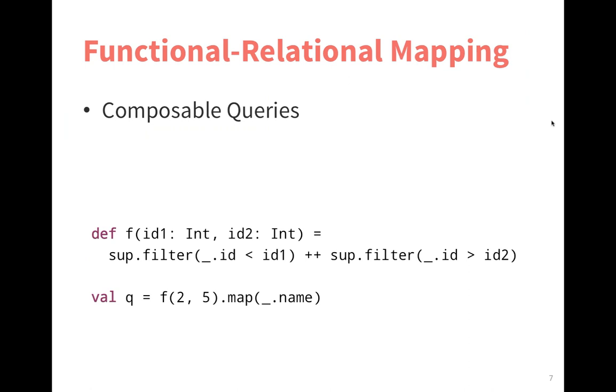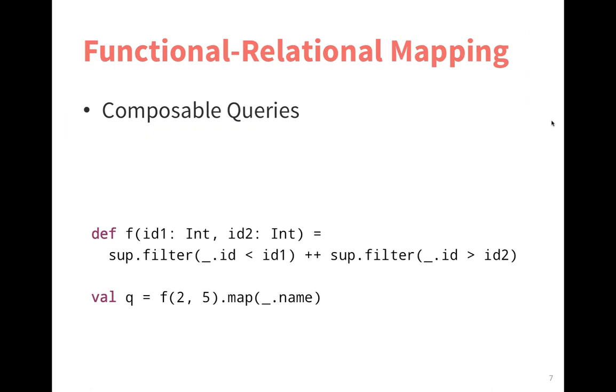So when you use that in another database query, your database optimizer has no way of optimizing that query globally. It can only optimize the outer part of it, then run your imperative code inside, and then optimize possible subqueries that you execute.